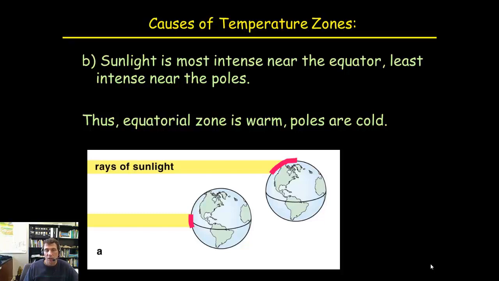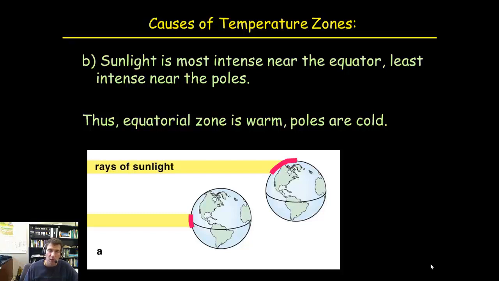And so those land surfaces do not get as much intensity of sunlight compared to the equator. Another way to think about it is that the same amount of sunlight is spread over a small area at the equator, and is spread over a much larger area closer to the poles.